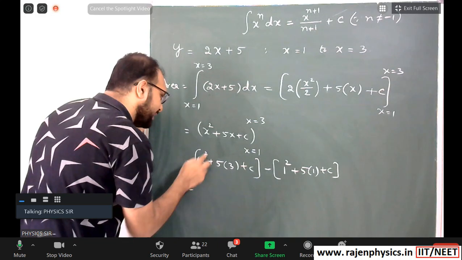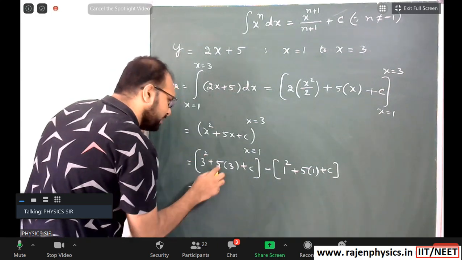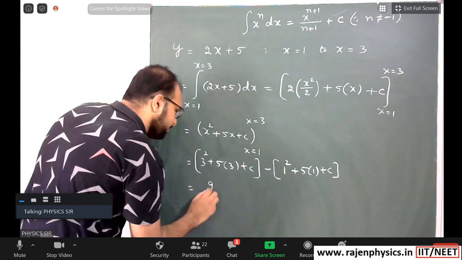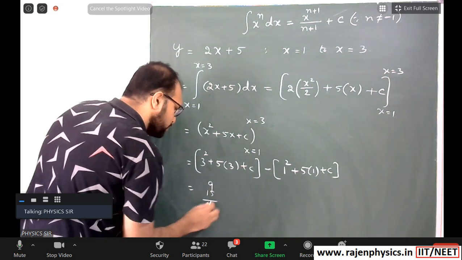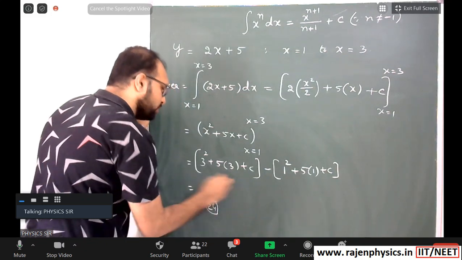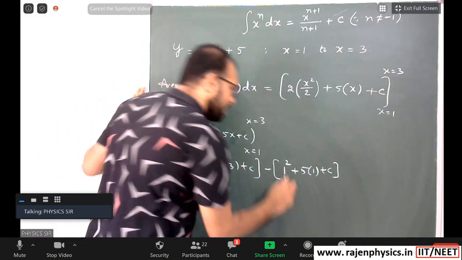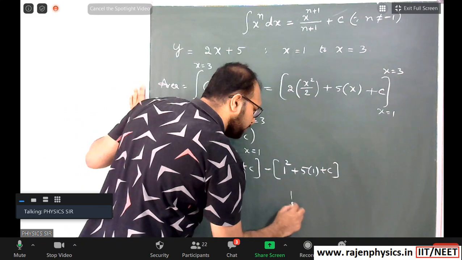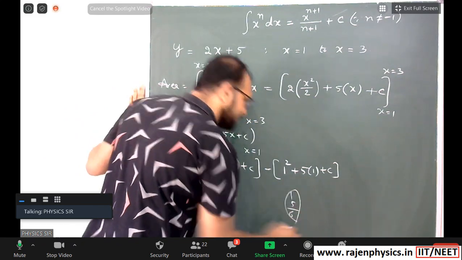Now 3 square is 9, 5 into 3 is 15, so total 9 plus 15 is 24. So this is 24 plus c. This is 1 square, 5 into 1 is 5, total 6 plus c.